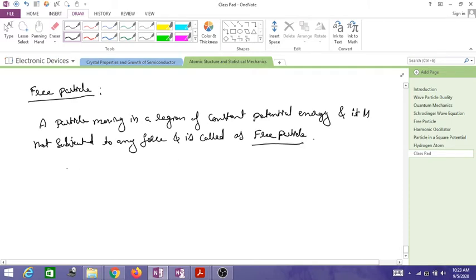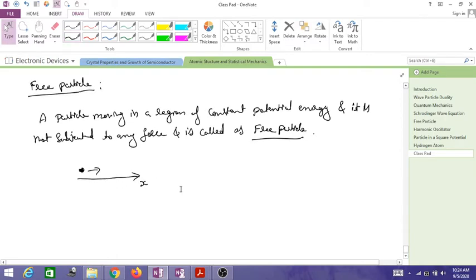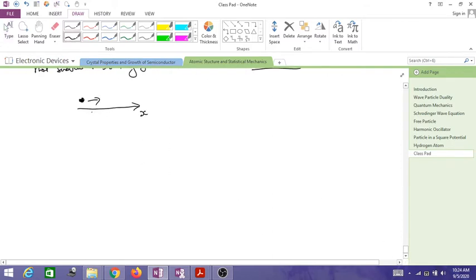So let us consider the motion of the free particle in one dimension, that is, along the x-axis. If the particle is moving in the x direction, the potential energy is arbitrary, and we take the potential energy at this point to be equal to 0.